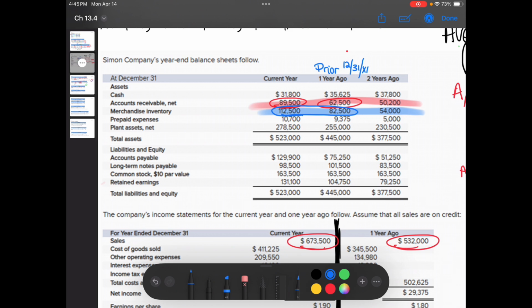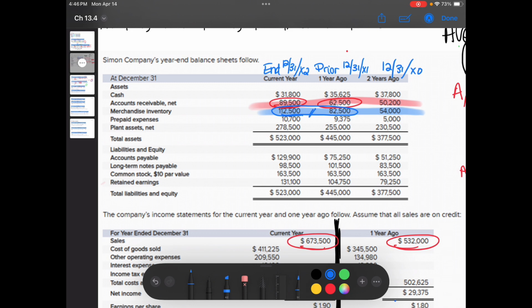December 31st of year 1 is basically equal to January 1st of year 2. So that's our beginning balance, you see. So here's our ending balance for 12/31 of year 2, we'll call it. So we're kind of moving up, right? And then this one would be 12/31 of year 0. All right, so for these, we'll take these balances, we'll take the end of our current year, end of the prior year, add them together, divide by 2, and then we'll get an average.